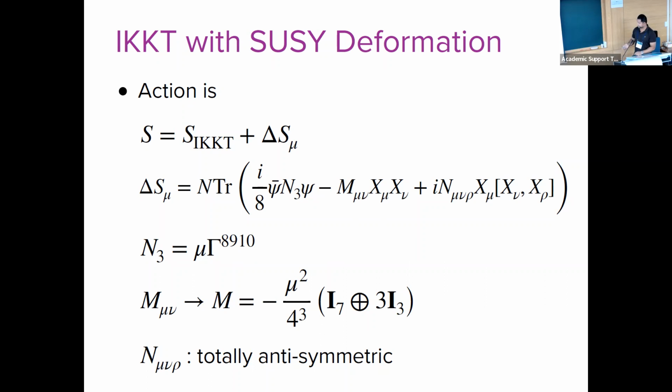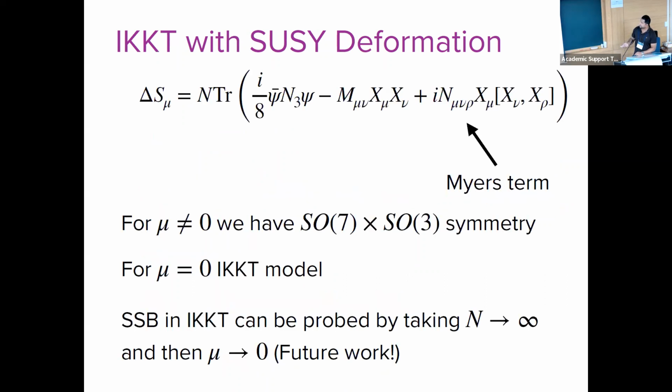There is only one deformation parameter, which is mu, and we can add that to the action. Now, when mu is not equal to 0, we have a manifest SO(7) cross SO(3) symmetry instead of SO(10). But we can take the mu going to 0 limit, and then we recover SO(10).